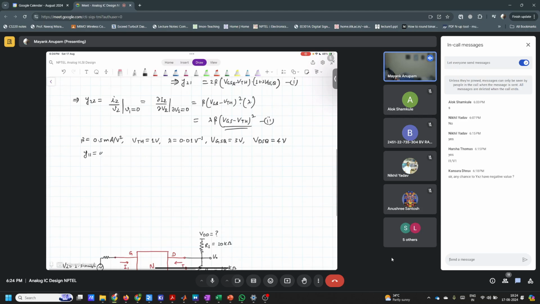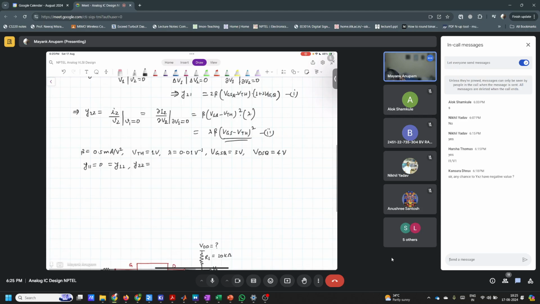Y11 equal to 0, Y12 equal to 0, and Y21 becomes 2 times beta times (VGSQ minus VTH) into (1 plus lambda VDSQ).